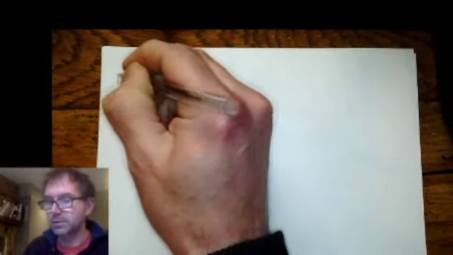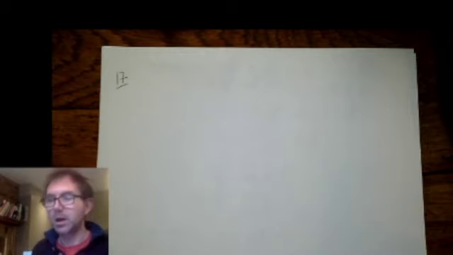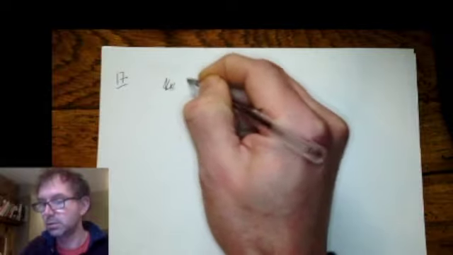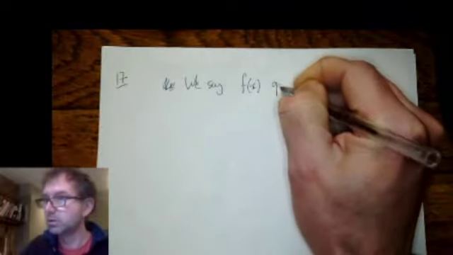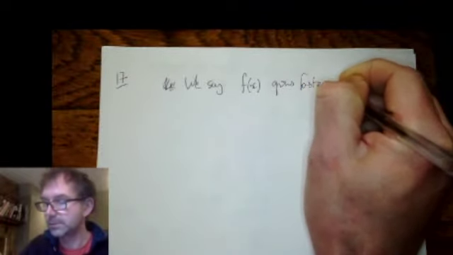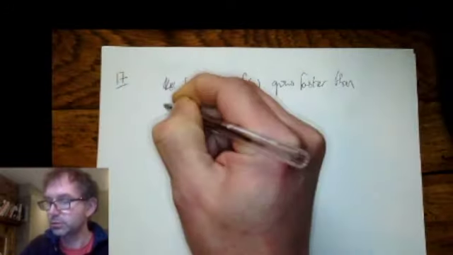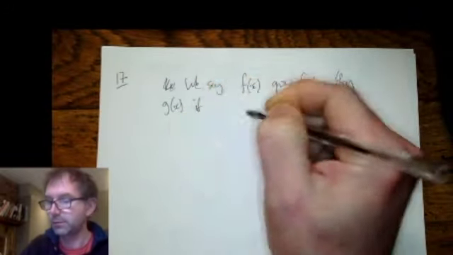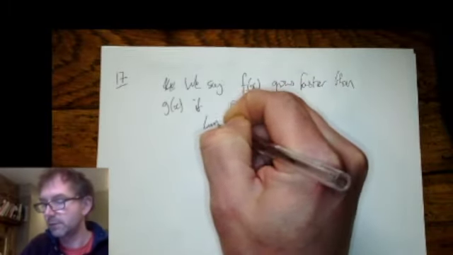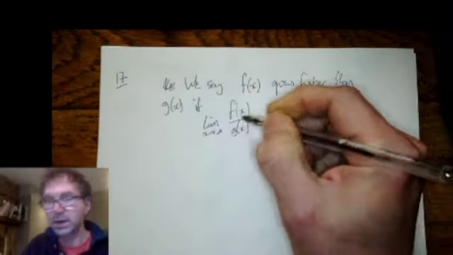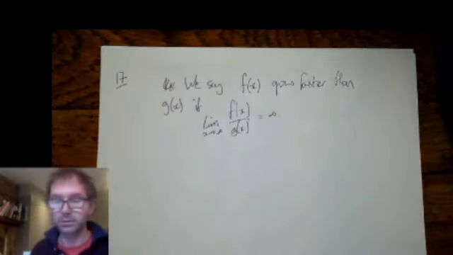So we were looking at question 17 to start with, and these questions are about the speed at which certain functions grow. So we say f of x grows faster than g of x if f of x over g of x goes to infinity as x goes to infinity.